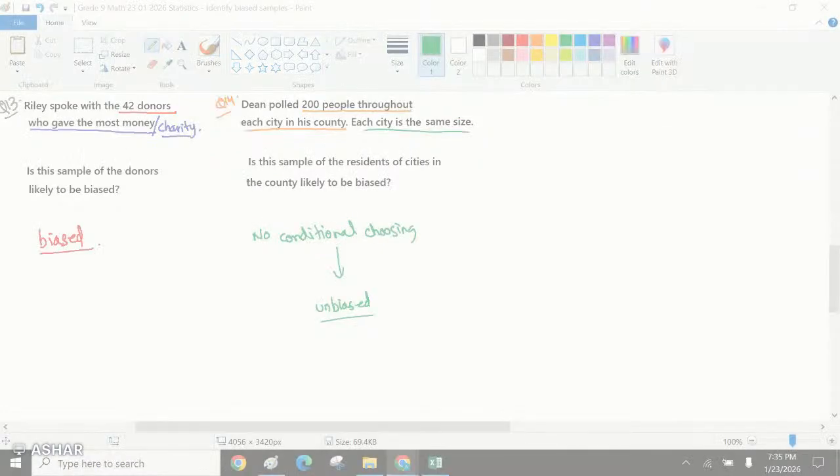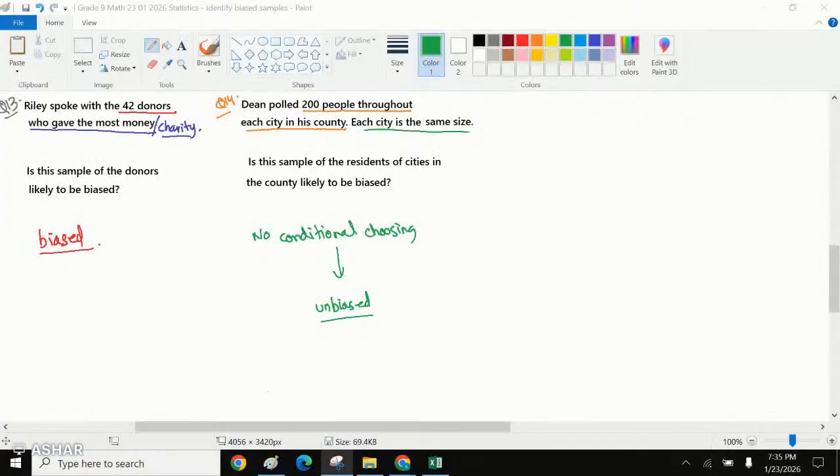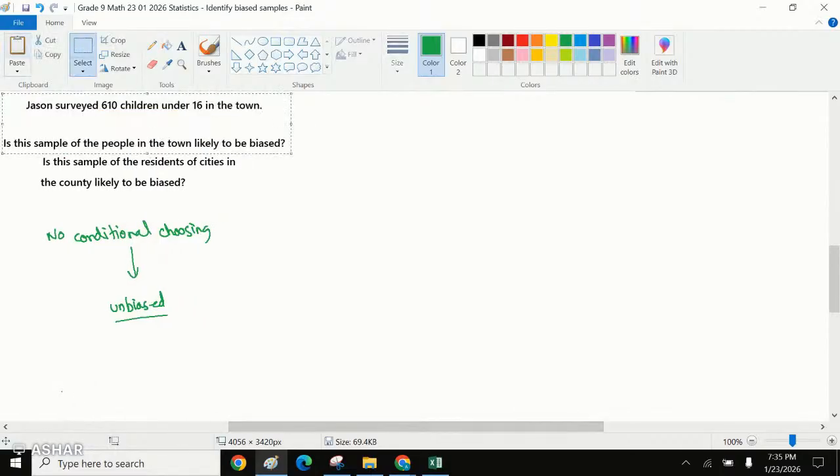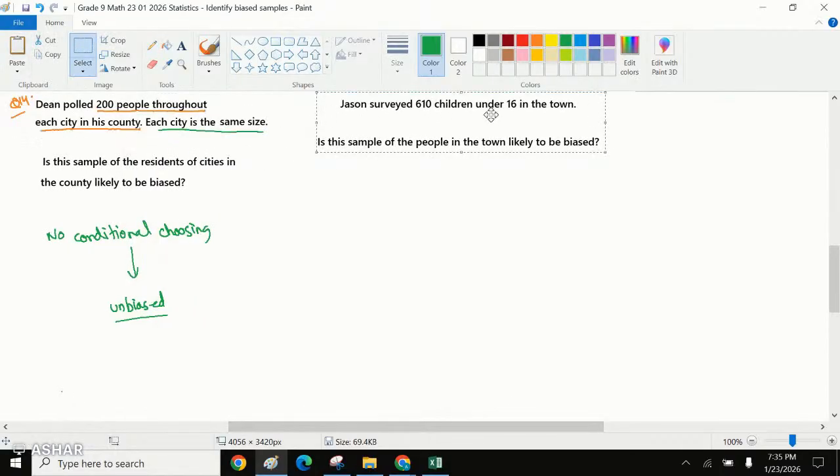Jason surveyed 610 children under 16 in a town. Okay, if the ages of these children are under 16, let me just put it again over here. Jason surveyed the students in a town.